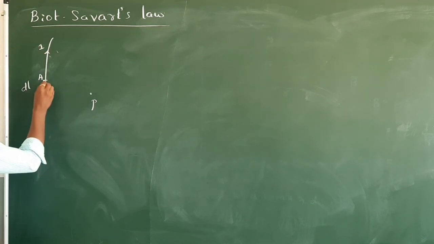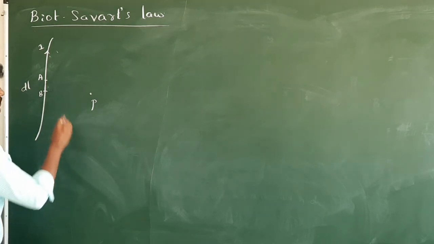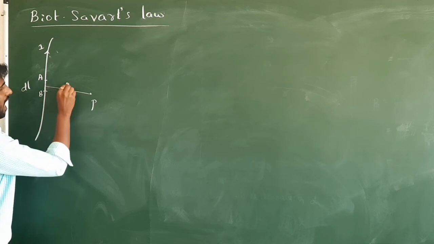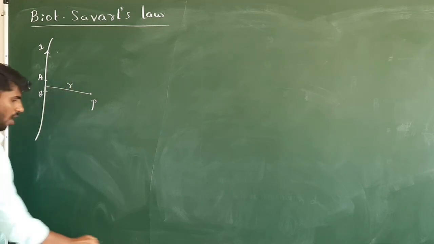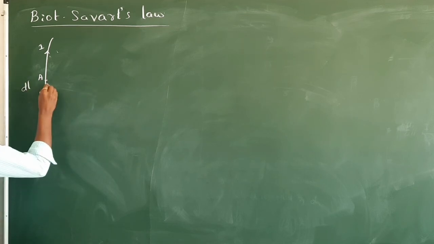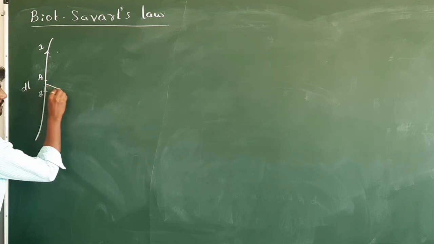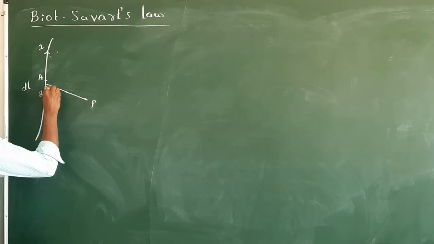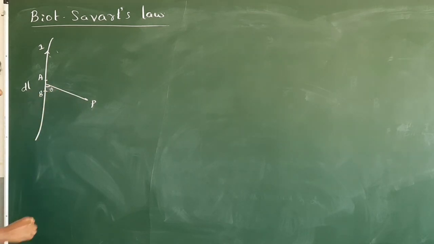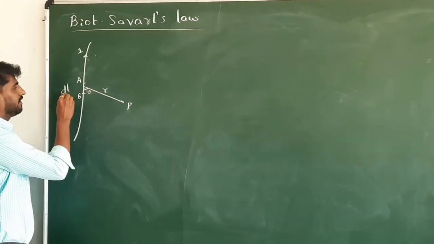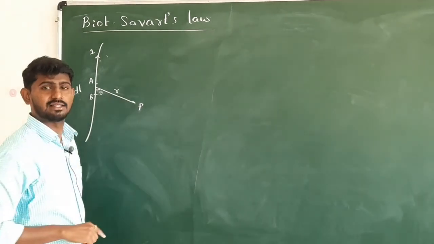I want to get the magnetic field due to this section which has the length dl. Its distance from the point P is r. This is point P, and theta is the angle made by the vector r with the vector dl.